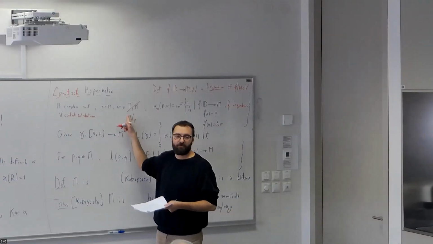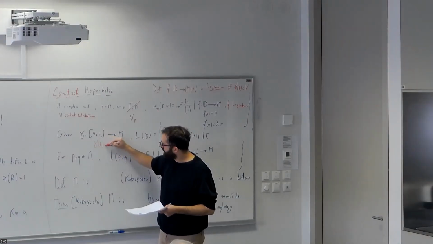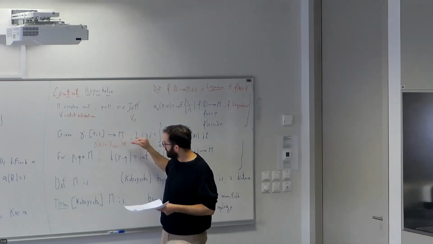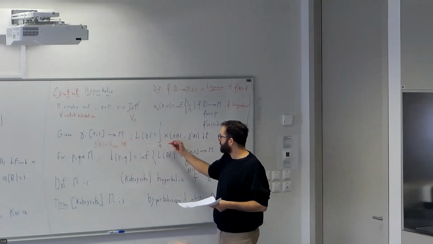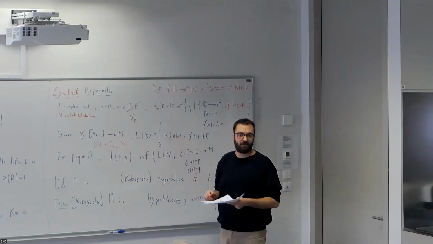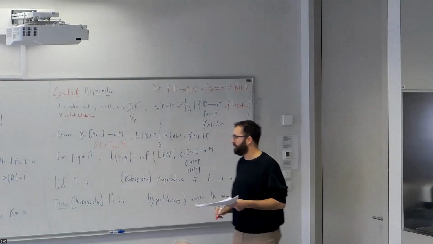Since I only know the length of vectors in V, I also need my curves to be in V. So I'm only allowed to use curves tangent to V. And then I define the length of such a curve, just the same integral, and this is well defined because this derivative is in V.